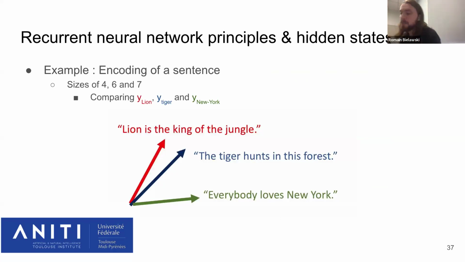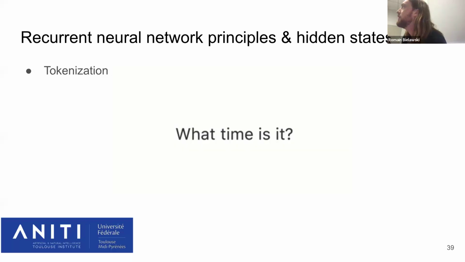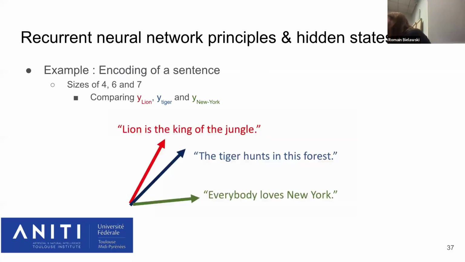So we're going to see some examples of processing sentences. Our goal would be to compare different sentences, so the task would be to generate, let's say, an encoding for each of the sentences. I'm going to simplify the task a bit because here it's a bit blurry.